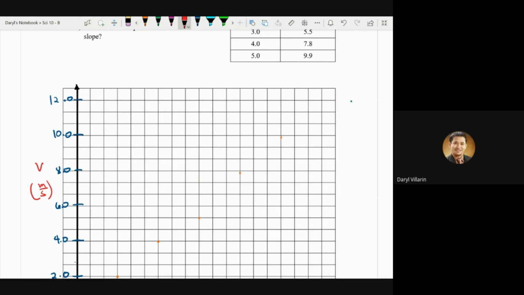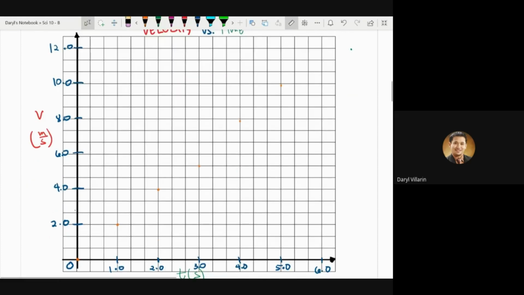So the title is just simply velocity versus the time. No need to indicate the units there. You just write the quantities. You start with the y variable, which is the velocity, and then the time, which is the x variable.